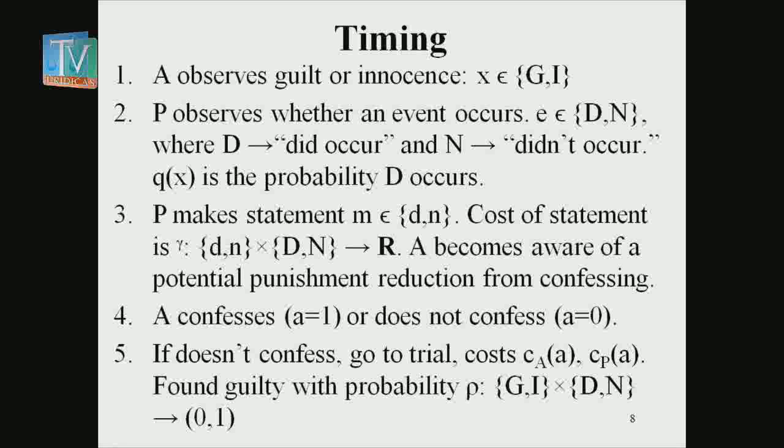So the third part is kind of geared towards the interrogation. Now the police officer can make a statement. I should back up though. This Q is important, and the only thing that's important about it is that it's the probability with which the police observe this event. So we would probably want to think this is related to whether the accused is actually guilty or not.